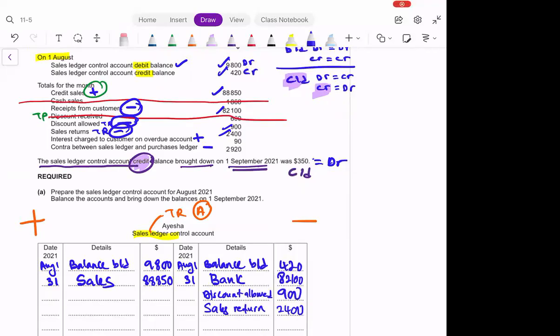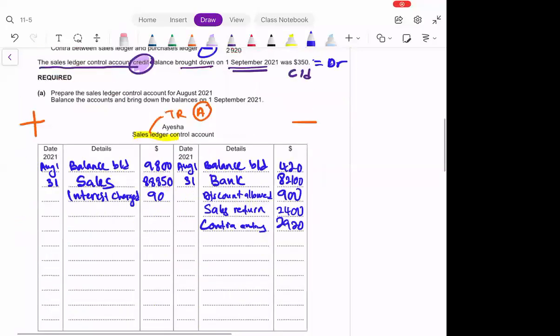Next one, interest charged. Interest charged will be in the increase side. Increase side is debit. Right here, interest charged. And the last one is contra. Contra is in the reduced side, 2,920. You can write here contra entry, or just contra is also acceptable.